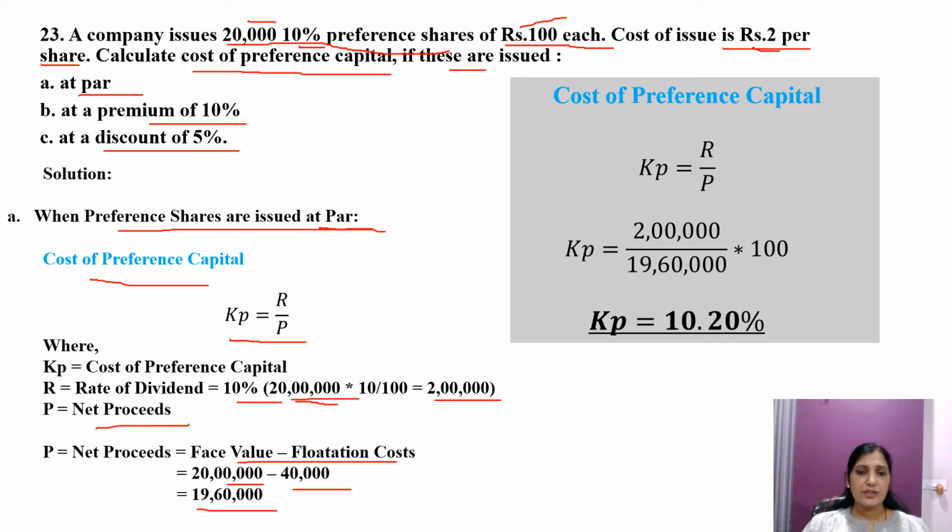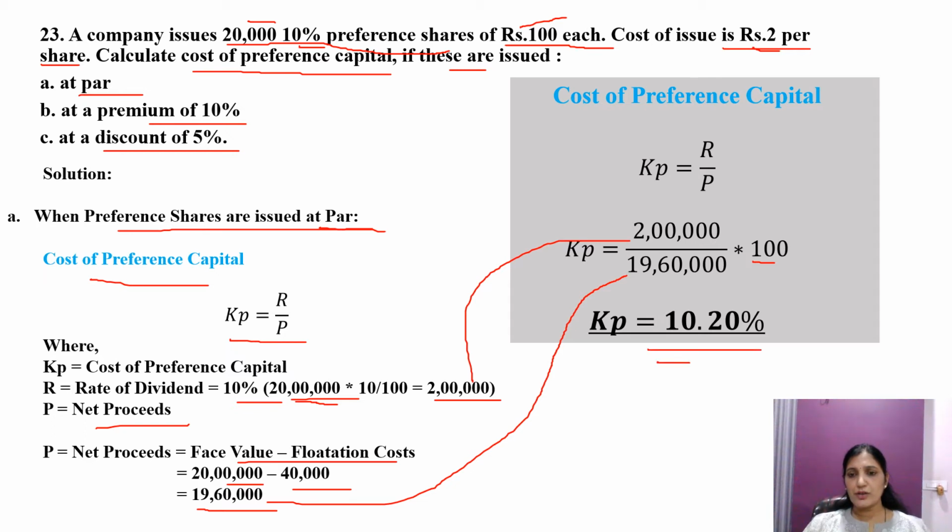Now we substitute all these values into our formula. KP is equal to R by P. R is 2 lakhs, and P is net proceeds, 19 lakhs 60,000, into 100. So we get KP, the cost of preference share capital, is equal to 10.20%. Clear about this?